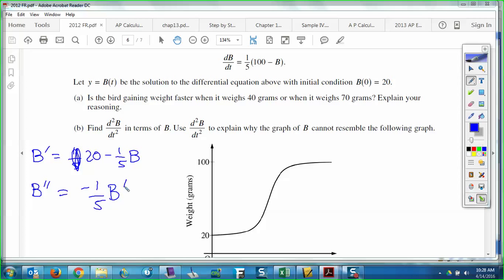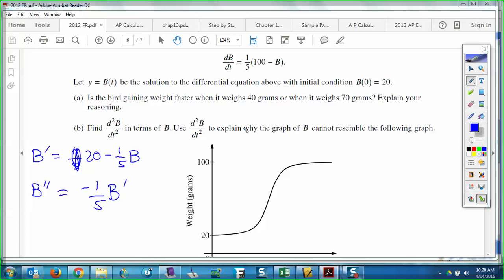We're doing the derivative with respect to t, right? So we have to tack on a b prime. You do the normal derivative, so 1/5 b, the derivative would be 1/5, but then you got to tack on a b prime. Okay, that's that implicit differentiation.